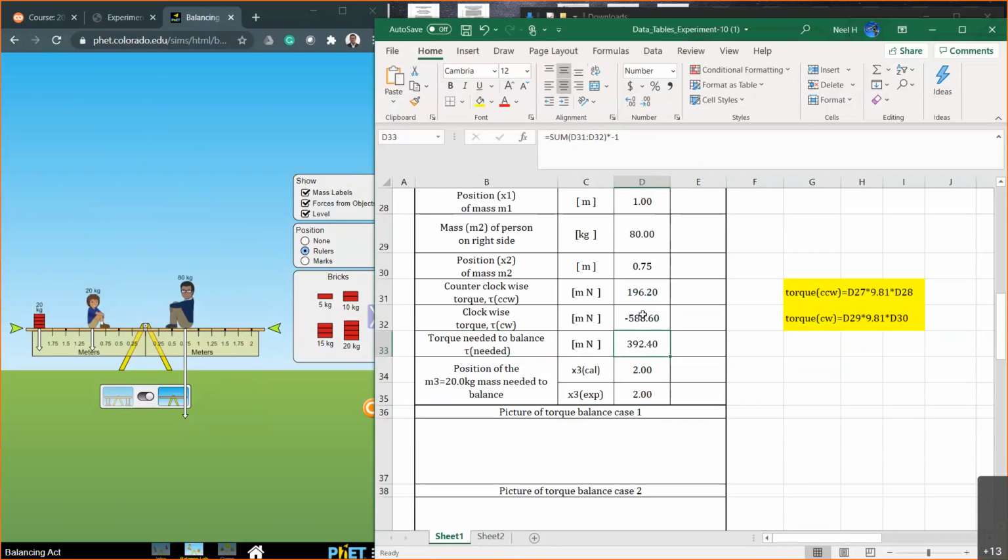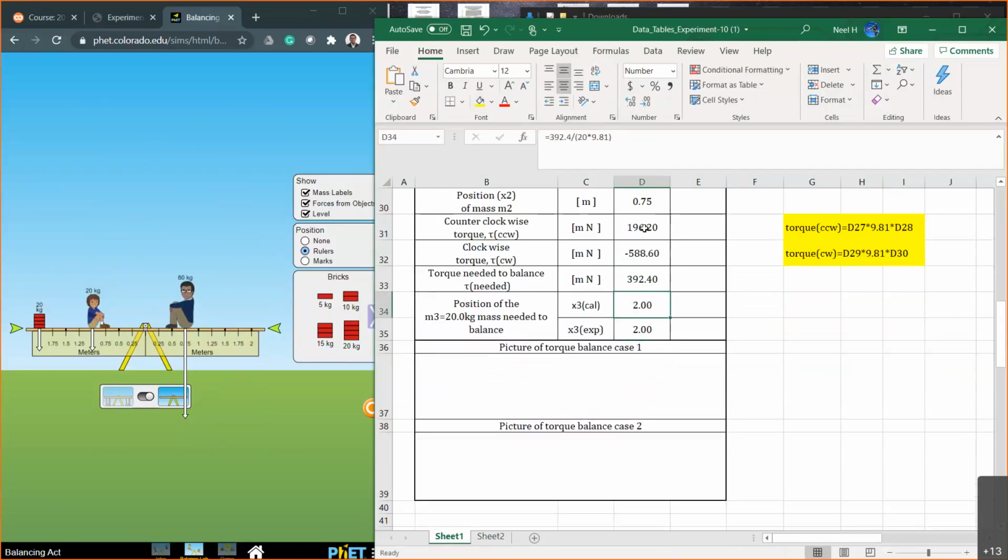I take in the torque difference, and that comes out as a negative number, which means it is on the right-hand side, but I have to bring that same number into the left-hand side to make it balance. So I have to multiply this by a negative sign, and then we know theoretically it becomes true, and experimentally we tested that one.